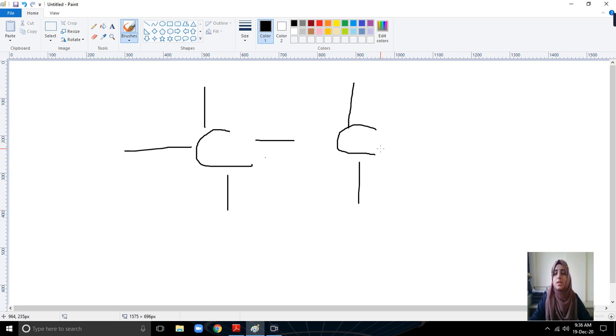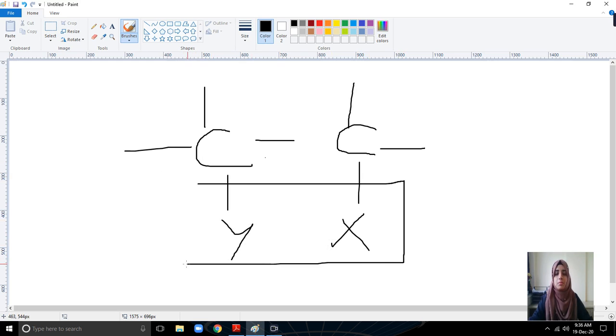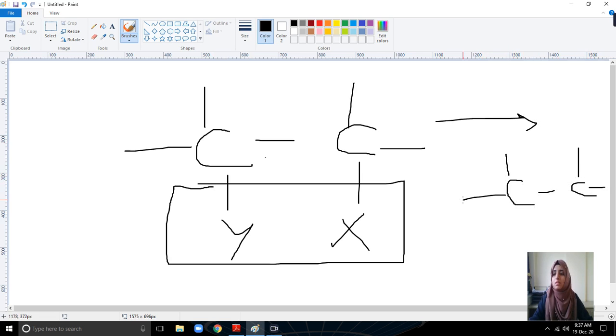This is our substrate for elimination reaction, and we have an X or Y group, and we are removing these two groups by adding some reagent. So we are left with two carbon atoms having this bond on it.